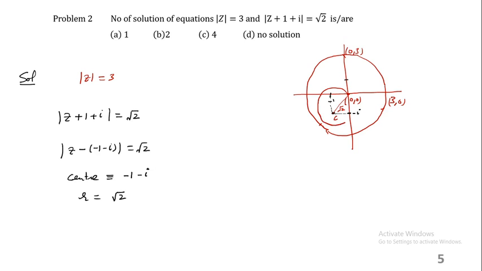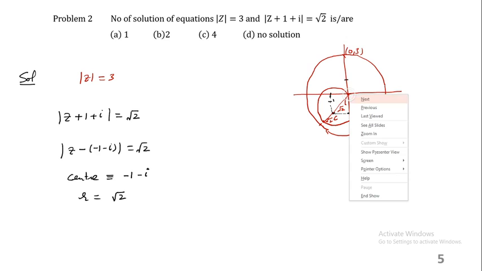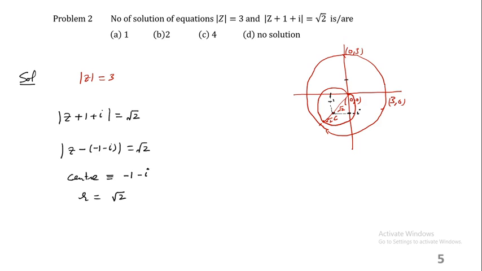It will not intersect the other circle because the radius is √2. Suppose we extend this, it will be √2 again. The distance of this point from the center of the circle will be 2√2. Diameter, you can say dia of the smaller circle, is 2√2.